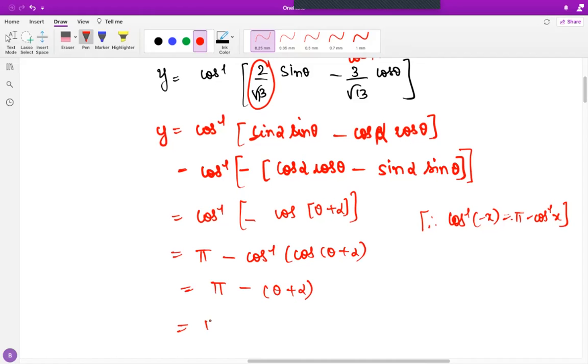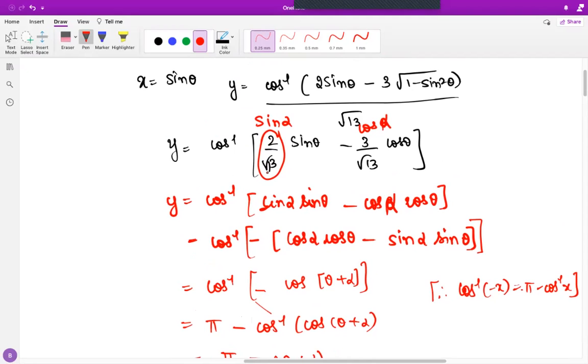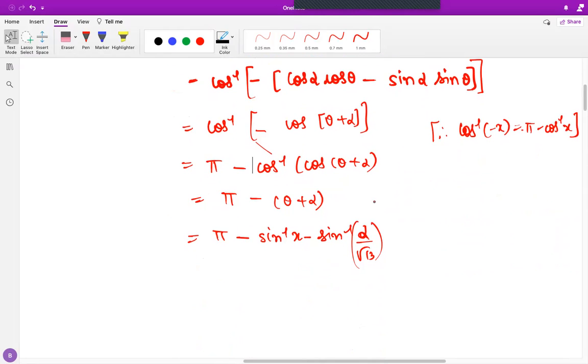Next, theta is sine inverse of x, so it is pi minus sine inverse of x minus alpha, where sine alpha is 2 by root 13, so alpha is sine inverse of 2 by root 13. So it's a constant.